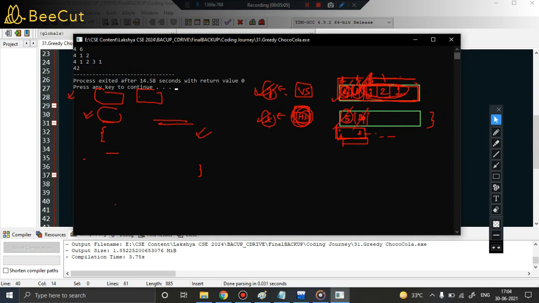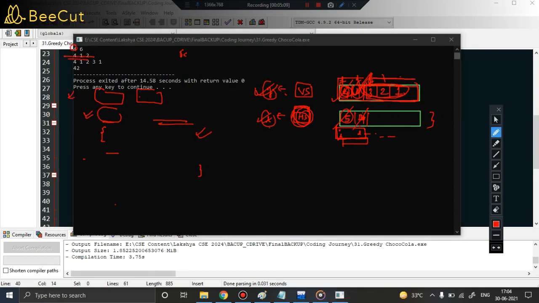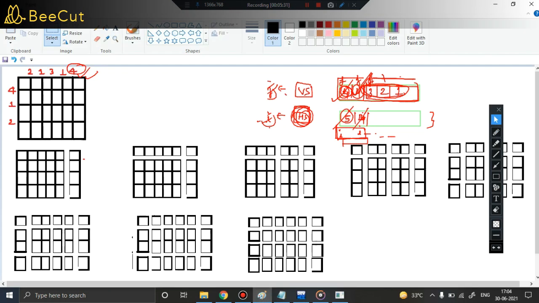Please don't get confused about why I am entering 4 and giving only 3 elements, because rows will be equal to n minus 1 and columns will be equal to n minus 1, and this is what I have used for the size of the array. I could have done this directly, but I'll modify it later. Anyway, you can see how the code is performing, because the output is 42, and this is what we received in the dry run.